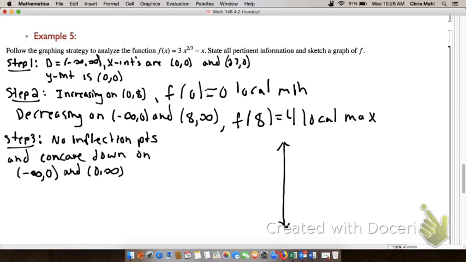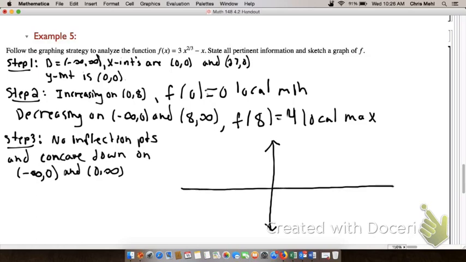So forgive me for a second, because I can just not draw a perfect graph here. I don't think I need much in the negative x direction.